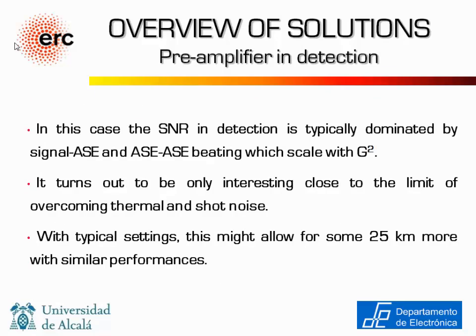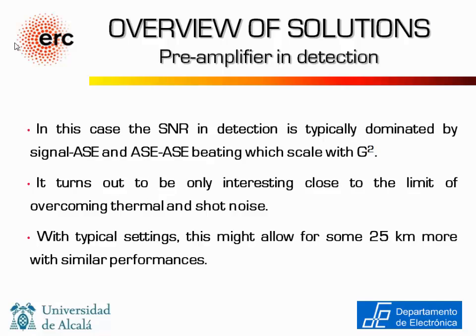Simplest is just to use a preamplifier in detection. This works a little bit, but if you put a preamplifier, you will at some point of gain be dominated by signal-ASE or ASE-ASE beating, and these noises scale with the square of the gain. So in the end of the day, you're just interested in having as much gain as needed to be comparable to the shot noise or to the thermal noise.